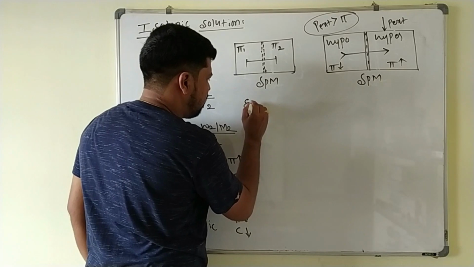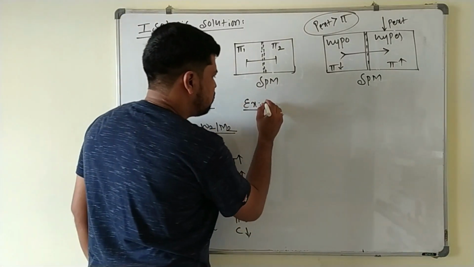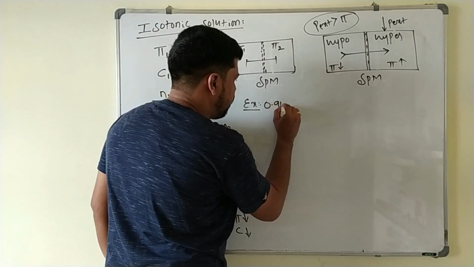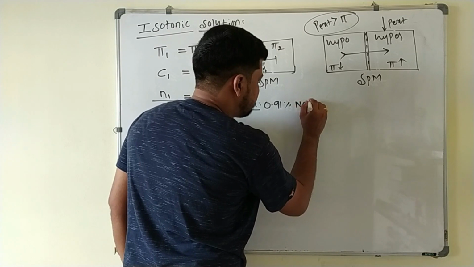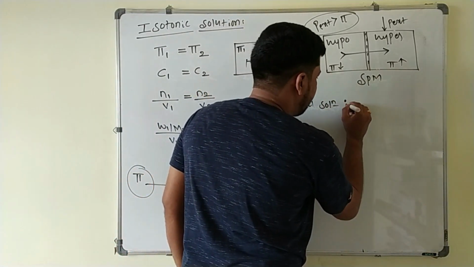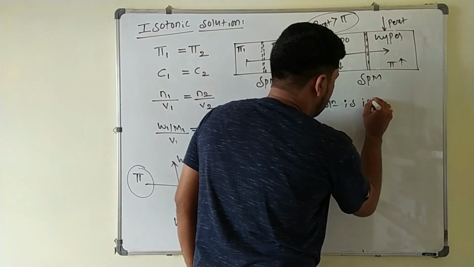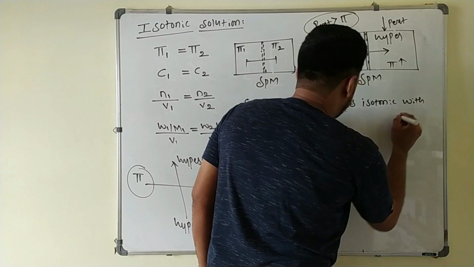Example here, this is a very important example, that is 0.91% of NaCl solution is isotonic with blood.